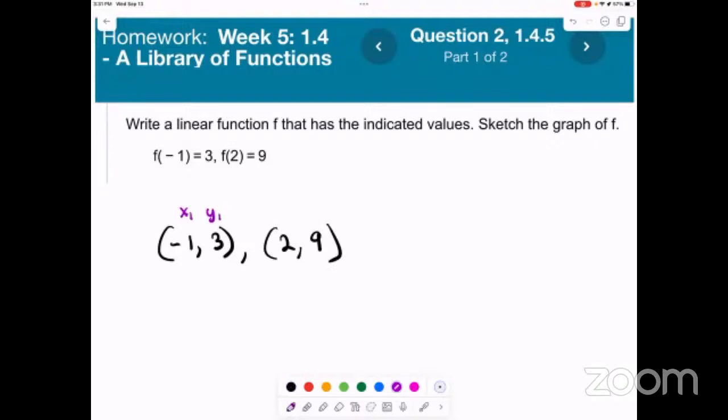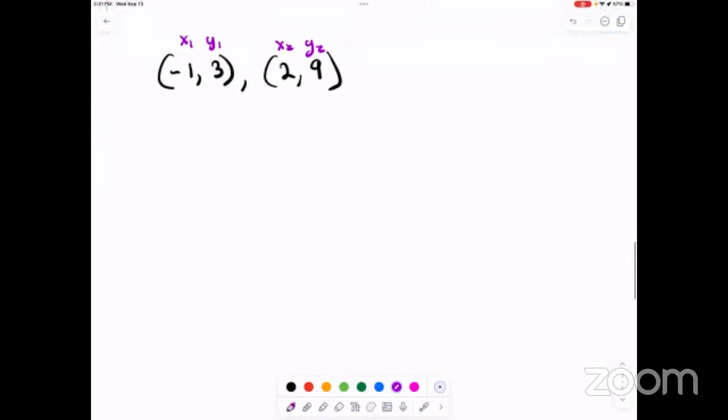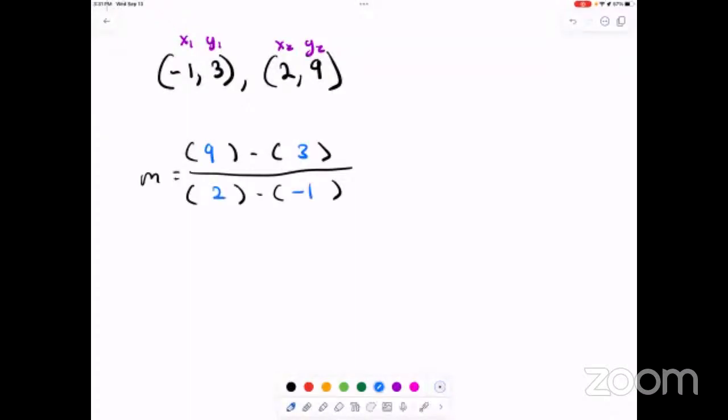Let's find the slope between these. That's going to be y2 minus y1 over x2 minus x1. So our y2 is 9, y1 is 3, x2 is 2, and x1 is -1. If we simplify, that's a 6 on top and a 3 on bottom.